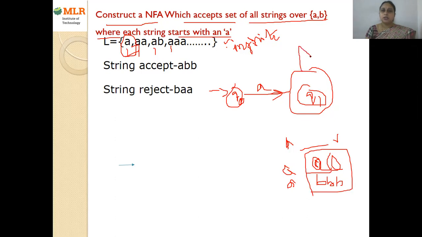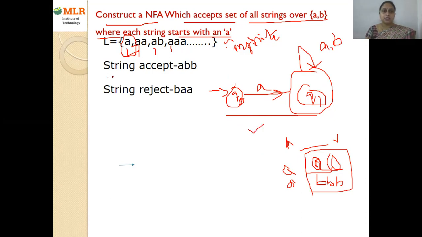That means it can be represented as a self loop on A comma B. Right? This is an NFA. In an NFA, I told you that for all the states, we need not represent all the symbols. That's why for Q naught, if I am not representing the B symbol, this becomes an NFA.